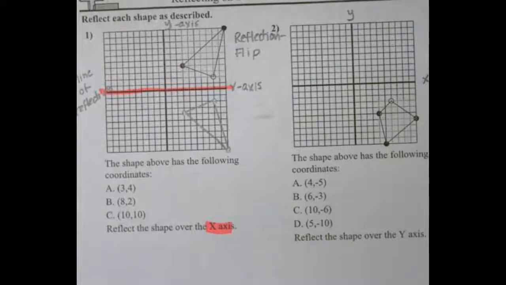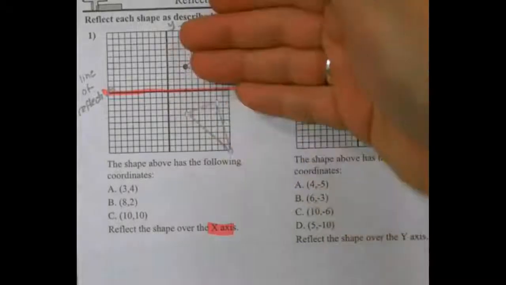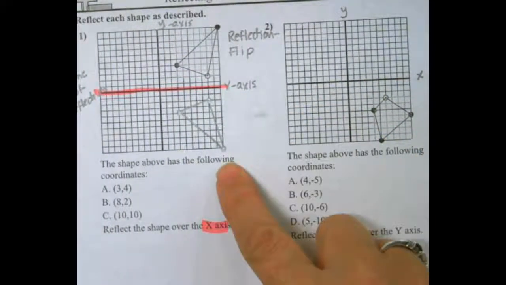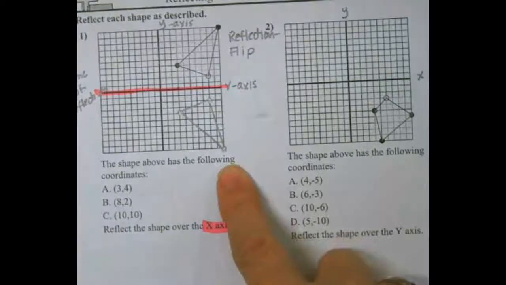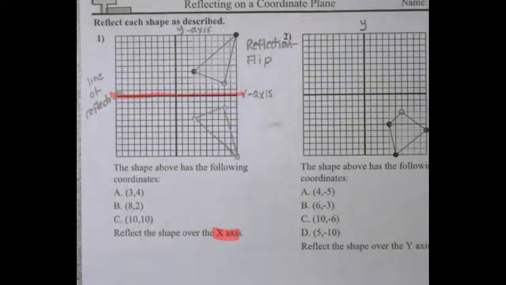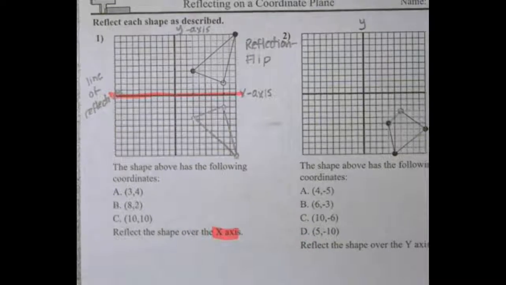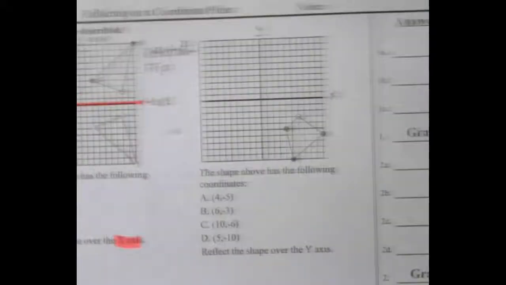When I flip it, my thumb's on that side. So here my point was up towards the top. When I flipped it, my point was at the bottom. That's a reflection. So far, so good? Okay, so this is the x-axis. So we highlighted the x-axis, right? Let's go ahead and look at number 2.